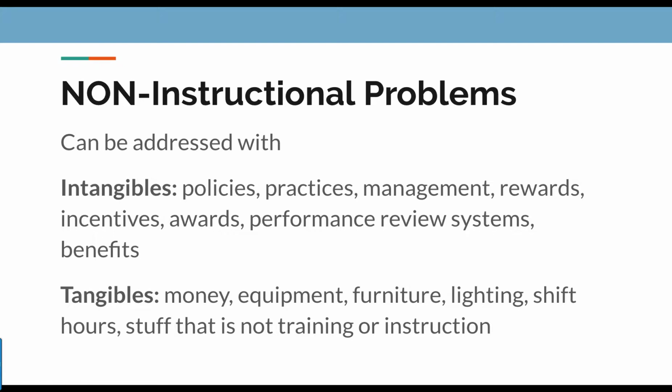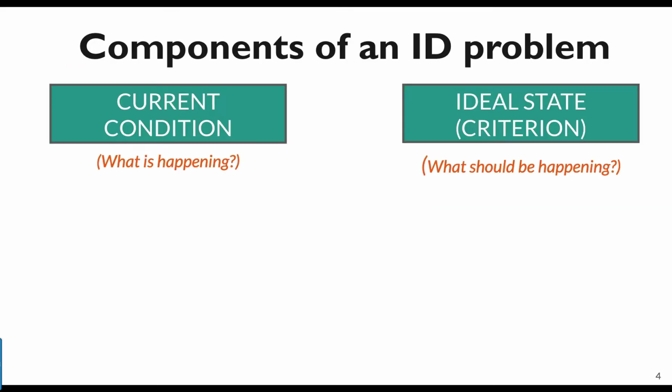It's all the stuff that is not part of training or instruction that becomes a non-instructional problem. In our course, we are focusing on instructional problems where you can design training or learning lessons, mini lessons that can support the acquisition of new knowledge, skills, or attitude.